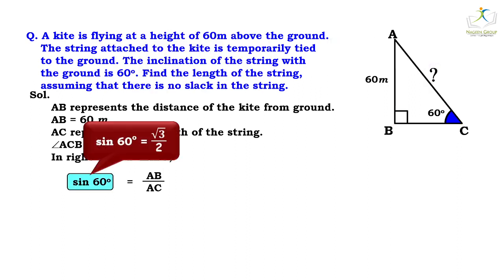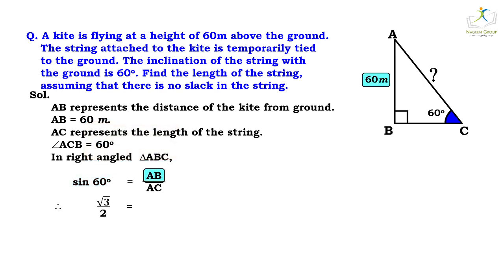Sin 60 is root 3 by 2. AB we put here 60. AC is as it is. Now we can find AC.